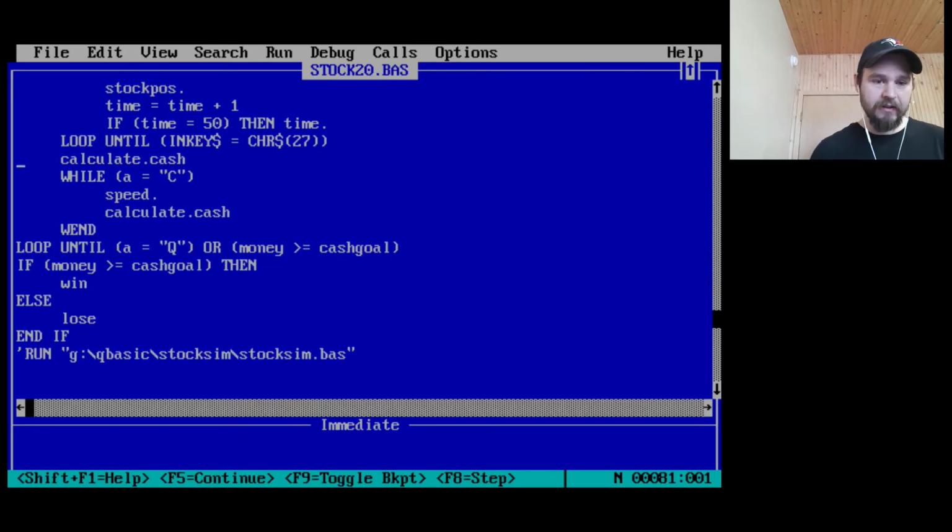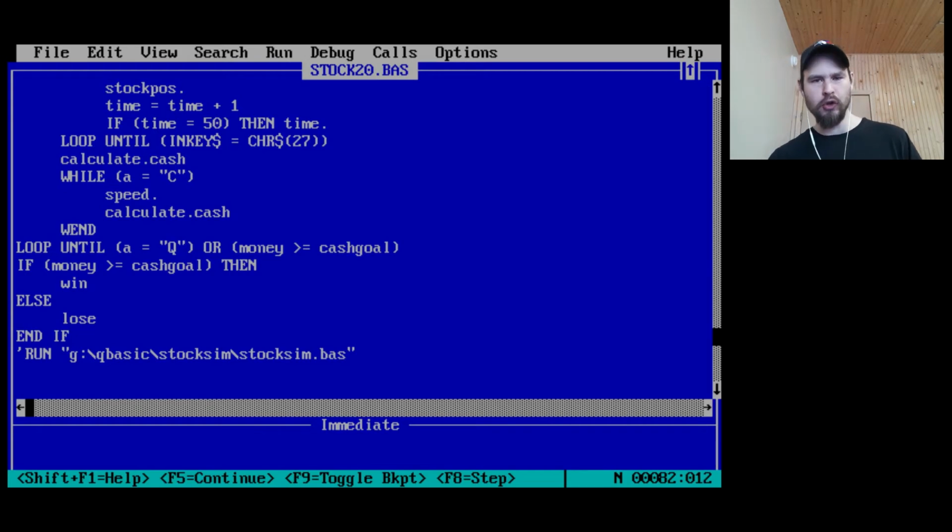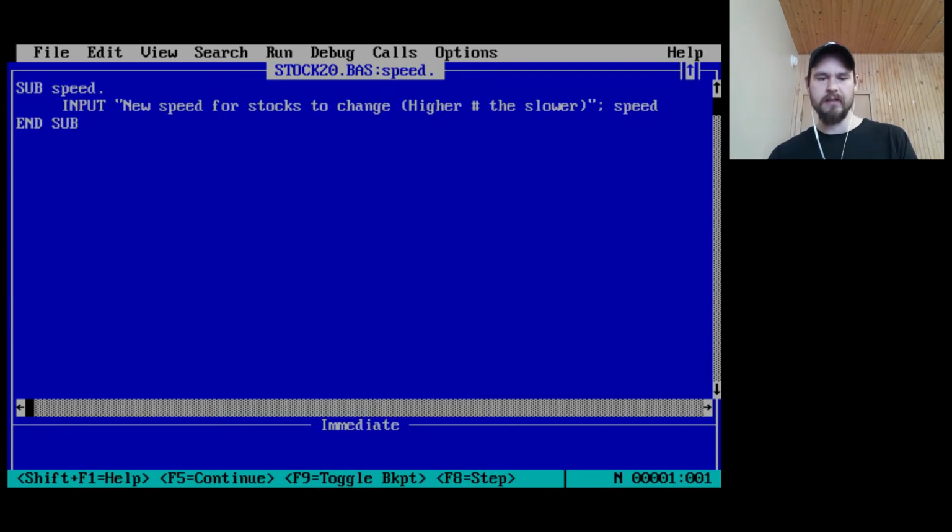So A, we have a single A variable that's shared globally. Oh boy. Okay, while A equals C, which is change speed, right. We're just going to go back to speed and do that.